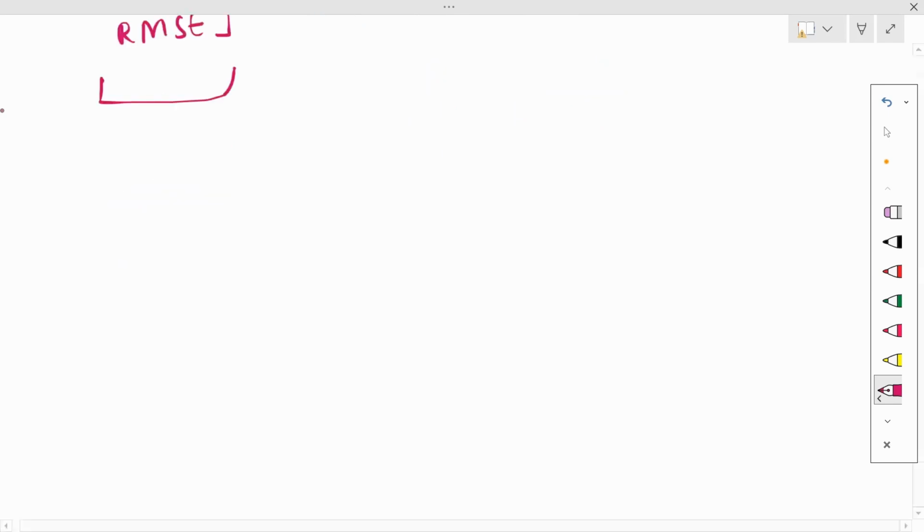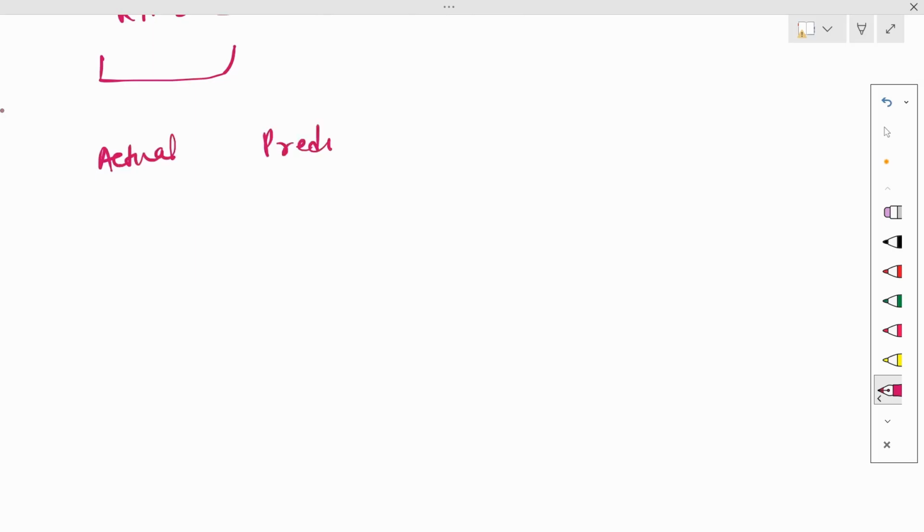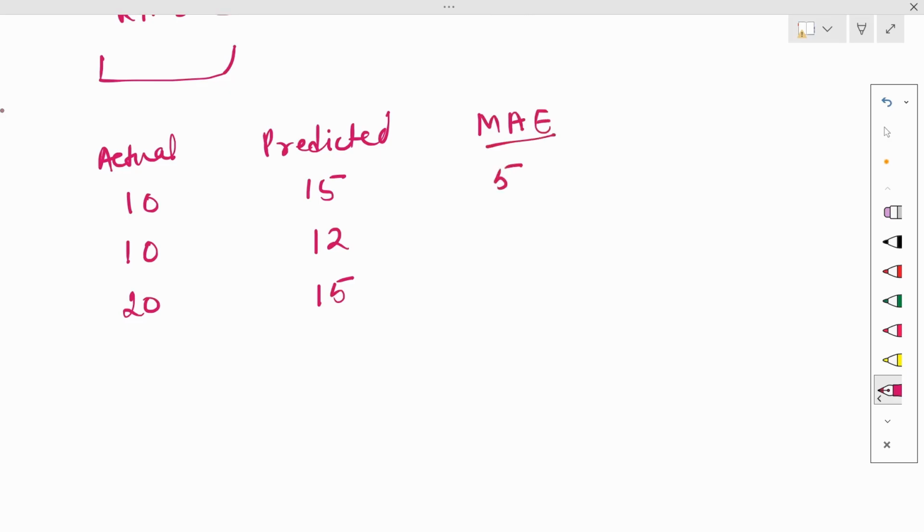To do that, what we can do is we will have our actual values and predicted values. For example, if it is 10 here, it is 15. Then if we have 10 here, 12 here, or 20 here, and 15 here, something like that. If we are picking mean absolute error as our metric, then it will be 5, 2, and 5.